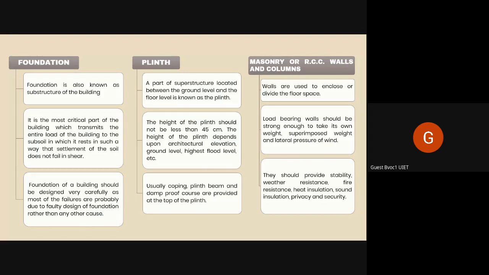So the height of the plinth should not be less than 1 foot 6 inches. And it also depends on the architectural elevation.